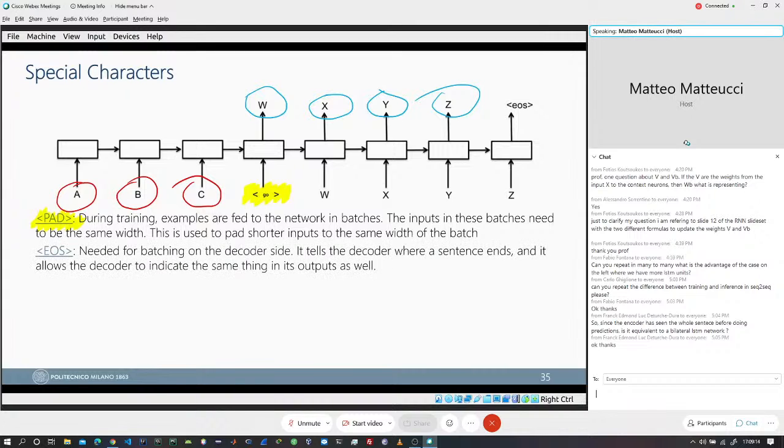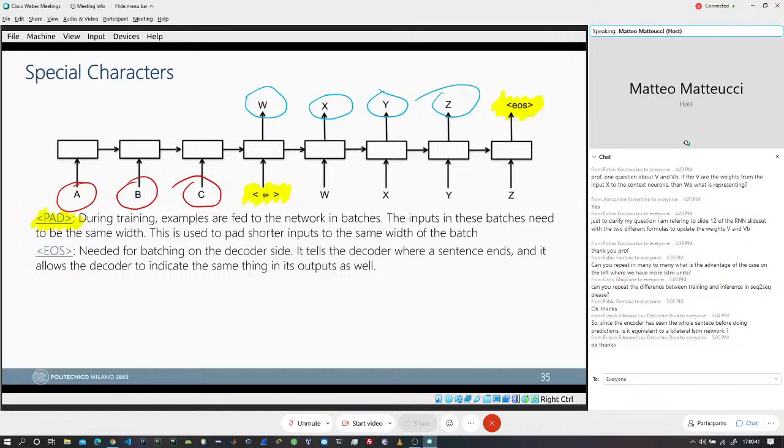Another character that we would like to add is the character which ends the prediction. Why? Because if the prediction in this case is wxyz, after z we want to stop generating characters, otherwise we will keep generating characters forever. So we need to learn that when we are at the end of the sentence, we should predict end of sentence.